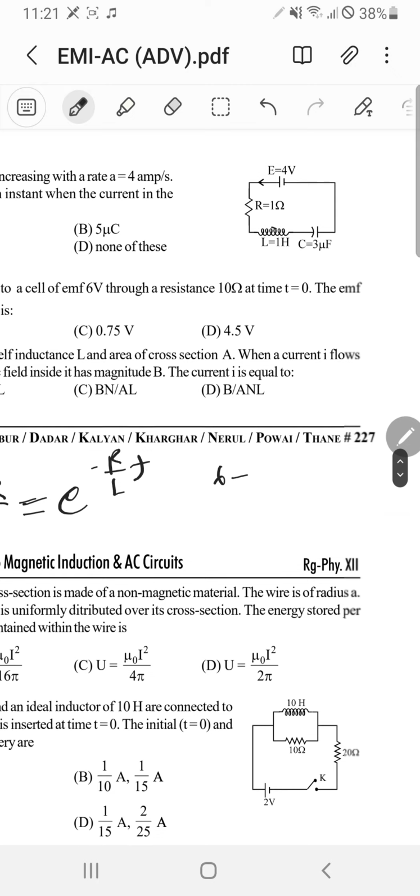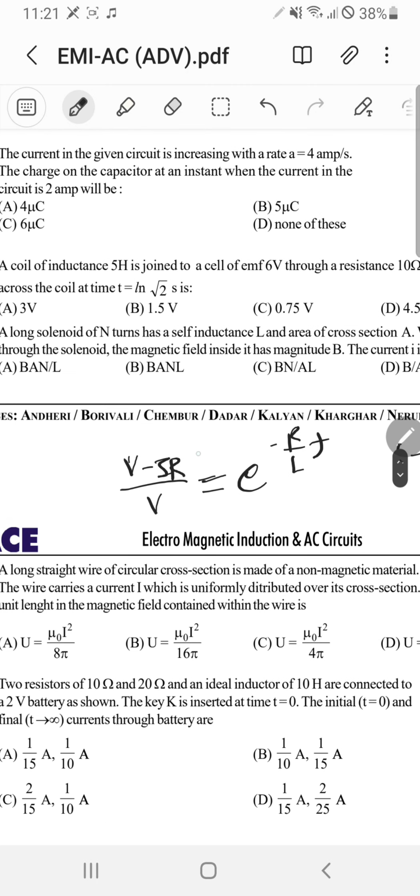Since we want the EMF, we essentially also want this current, or we can just use V equal to IR plus whatever is the EMF because of that.